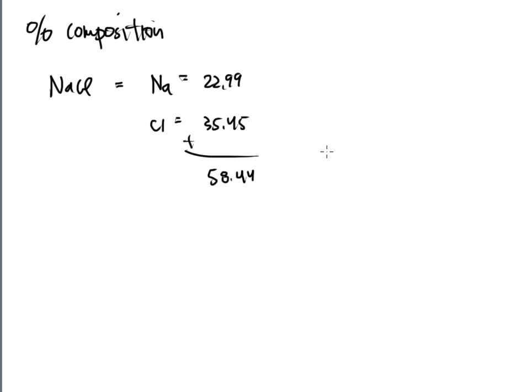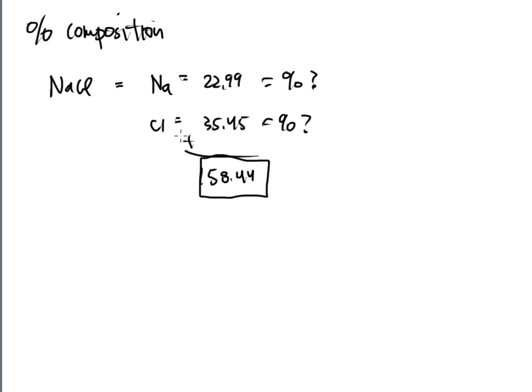But there's one extra step that we do for percent composition, because what this question's really after is what percentage of the weight is from sodium and what percentage of the weight is from chlorine, right? Meaning that out of this 58.44 grams per mole, how much is contributed by sodium and how much of the weight is contributed by chlorine? And that's where the percent calculation comes into play.